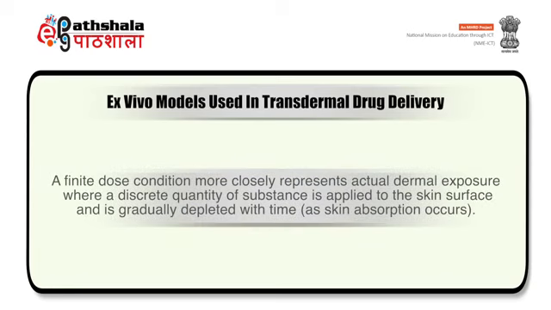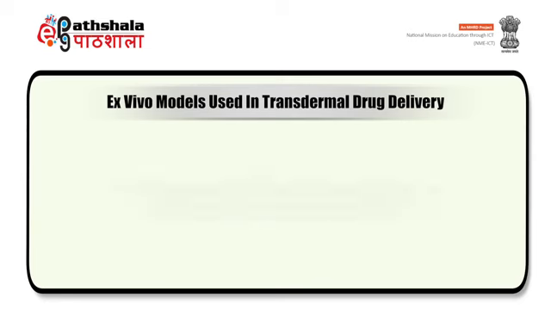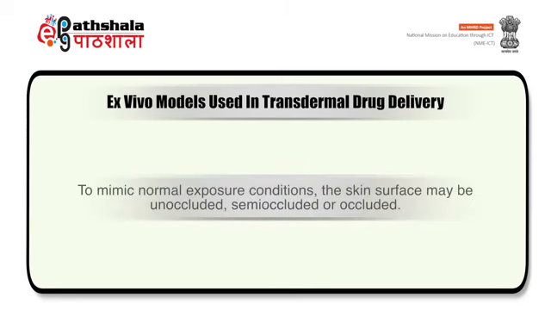A finite dose condition more closely represents the actual dermal exposure, where a discrete quantity of substance is applied to the skin surface and is gradually depleted with time. For semi-solid preparations including creams, paste or other viscous test preparation, a spreader may be required to evenly distribute over the application site. To mimic the normal exposure conditions, the skin surface may be unoccluded, semi-occluded or occluded.